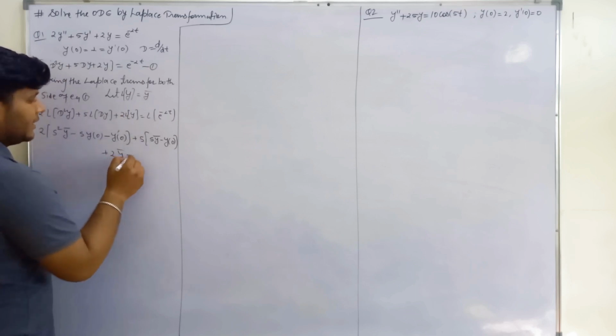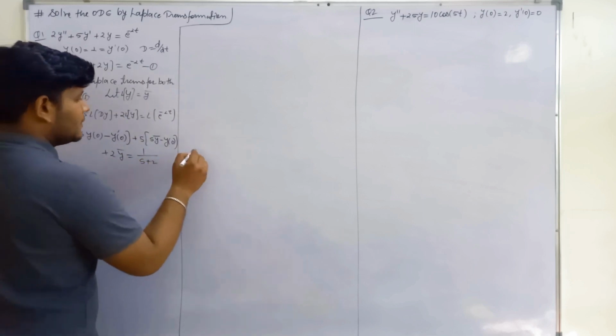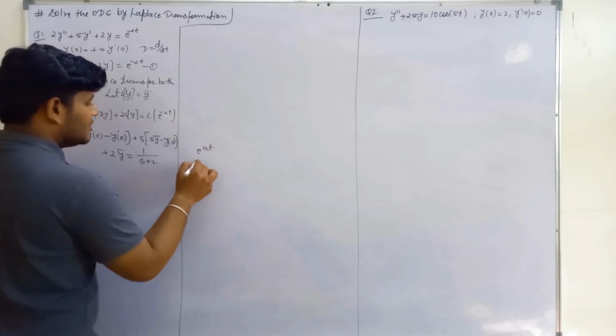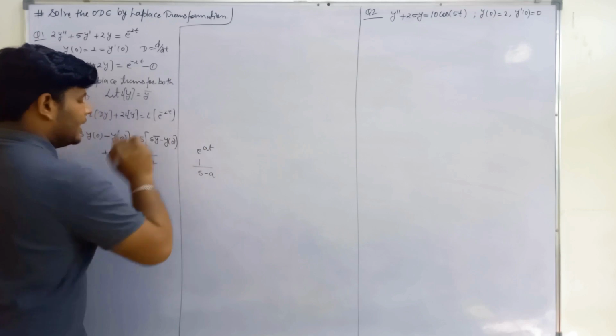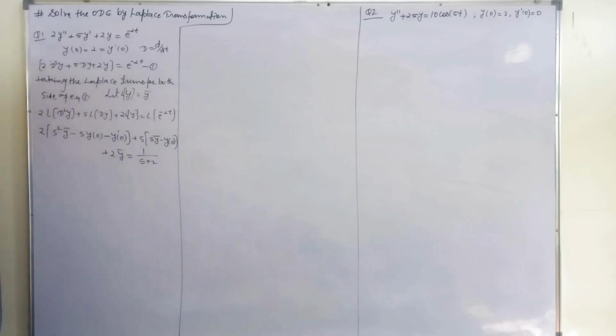The Laplace transform of e to the power at is 1 upon s minus a, and here a is minus 1, so this is 1 upon s plus 1.